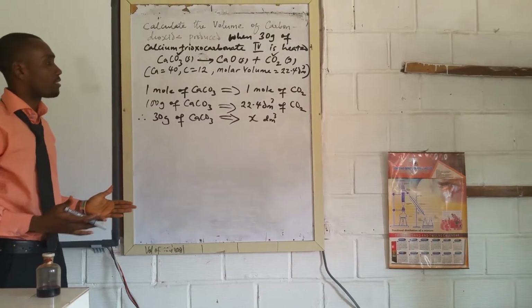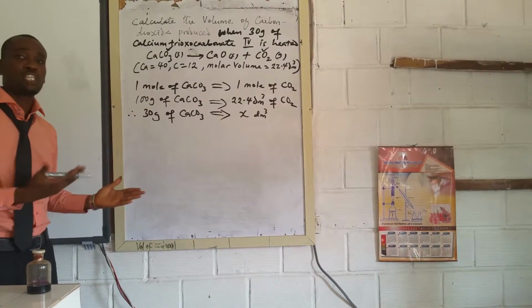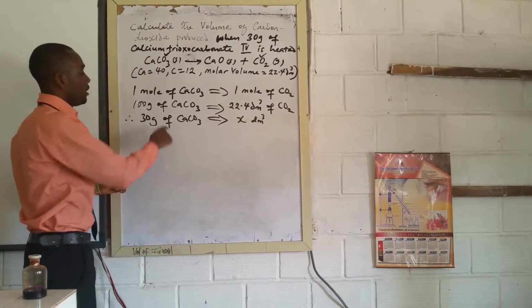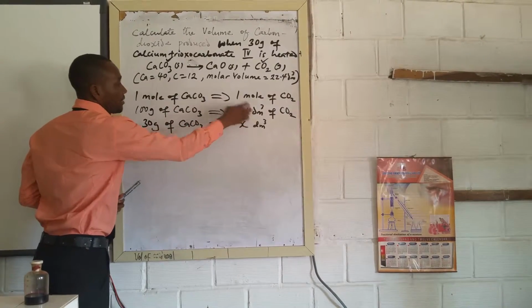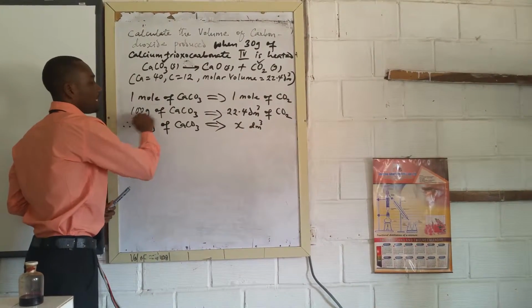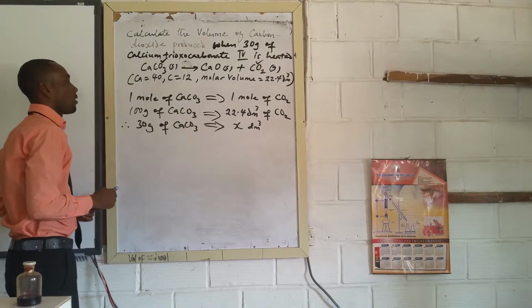So how do we solve it? We can use cross multiplication from the knowledge of our mathematics. This 30 should multiply this, then equals 100 times X. Alright?